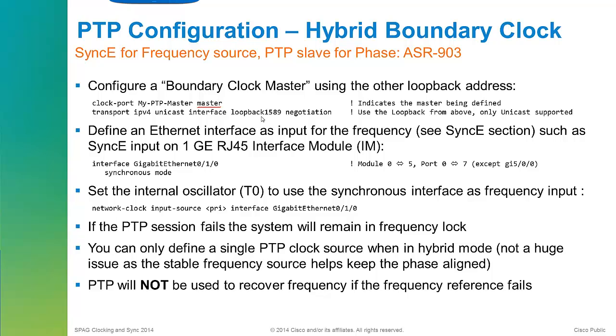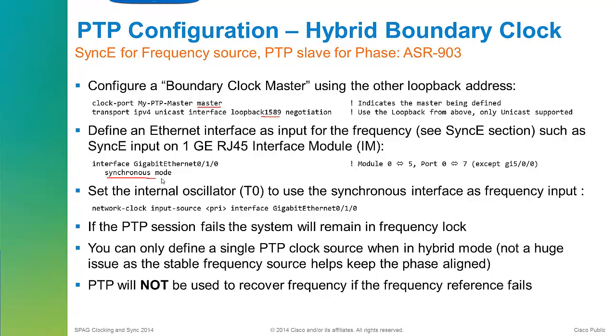We use the other loopback address, and then we define another Ethernet interface for frequency. And so in this case, I've just taken one interface on a RJ45 interface module.